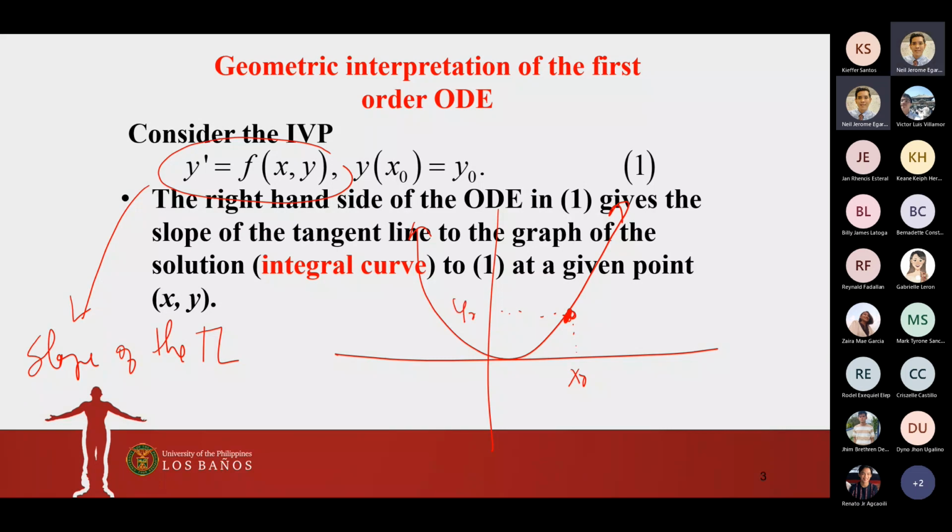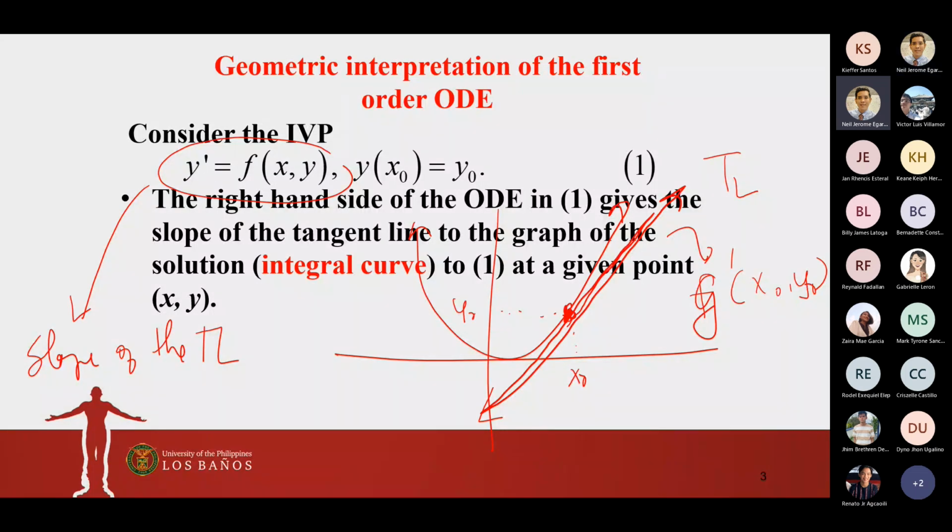Tapos yung tangent line dyan ay ito. Yung tangent line, and then yung slope ng tangent line na yan yung derivative ng function. Halimbawa yung function ko ay g, yan yung derivative ni g at the point x sub 0, comma, y sub 0.